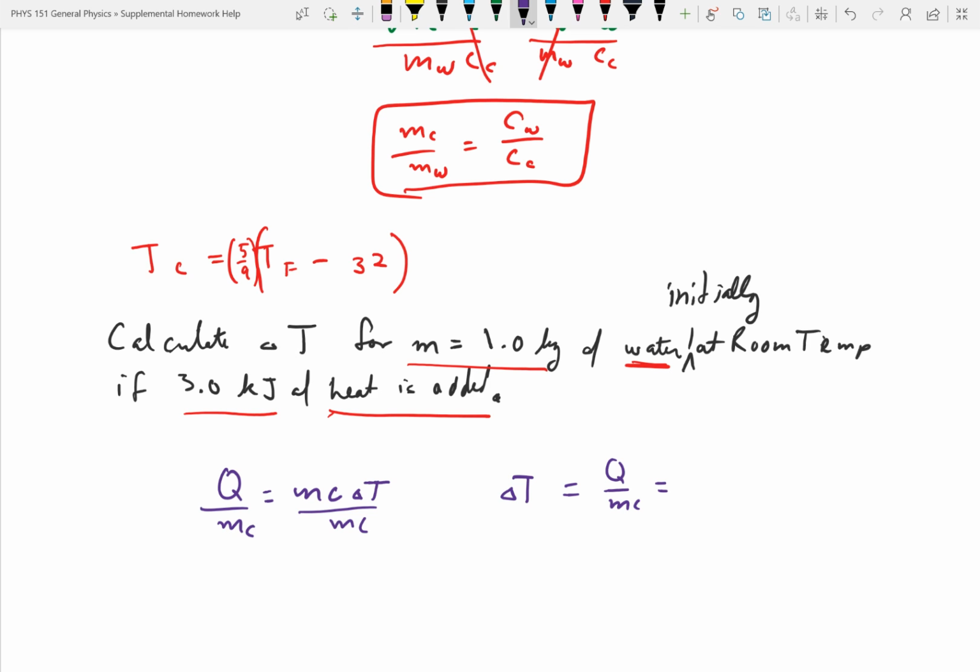Q is 3.0 kilojoules. M is 1 kilogram. And C is 4186.